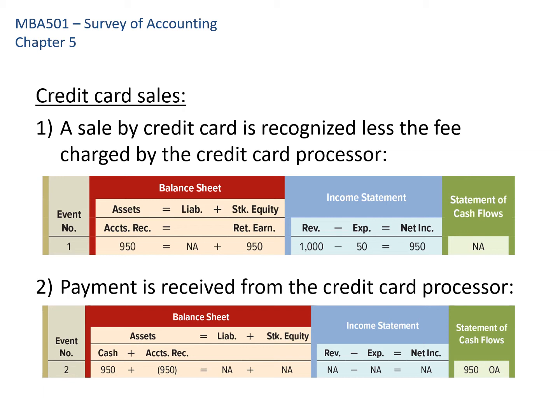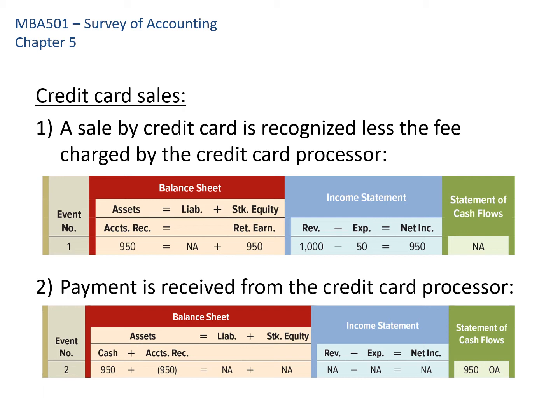So in that first transaction there, in this case, we make a $1,000 sale, and it appears that the credit card company is charging a 5% fee, which most fees are in the 2 to 3% range. So 5% is a little bit high, but it makes the math easy here. So in that case, on our balance sheet, we would record a receivable of $950 because that's what we actually expect to receive.